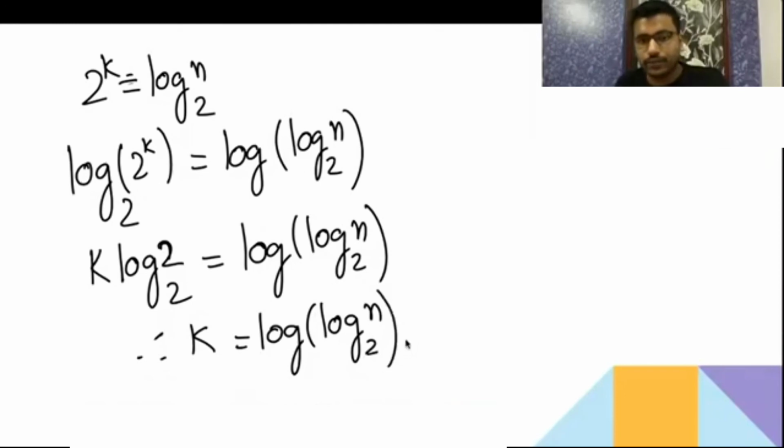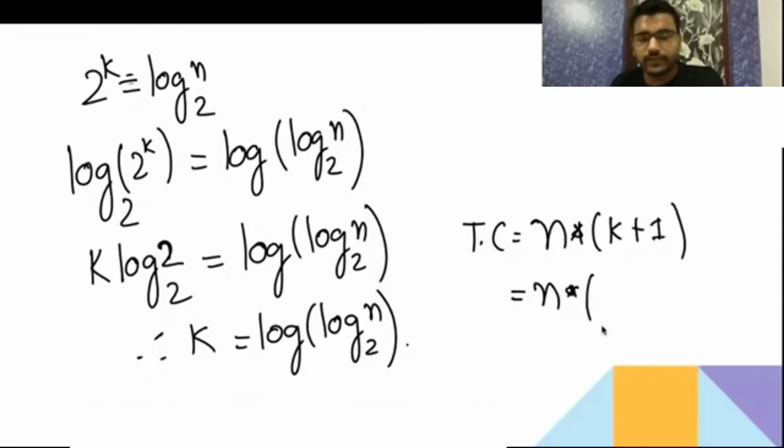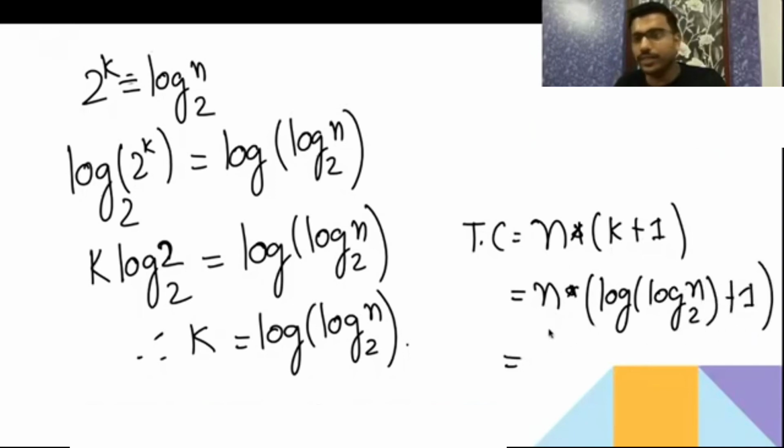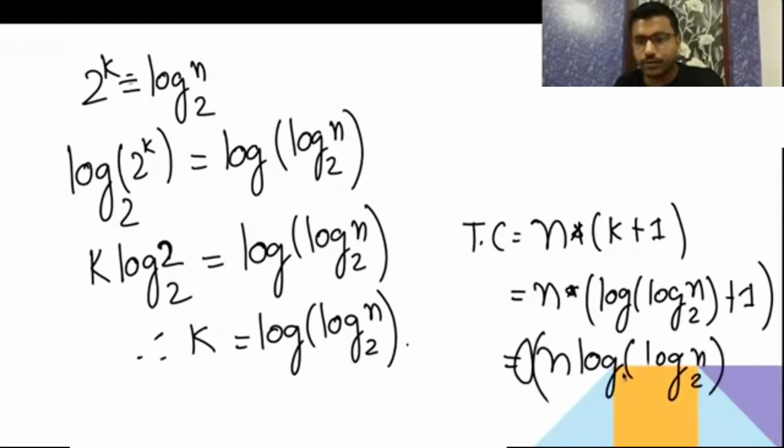Your total time complexity was n into k plus 1. So in place of k you can write log of log n base 2 plus 1. The leading term is going to be n log of log n base 2. So your time complexity is going to be this.